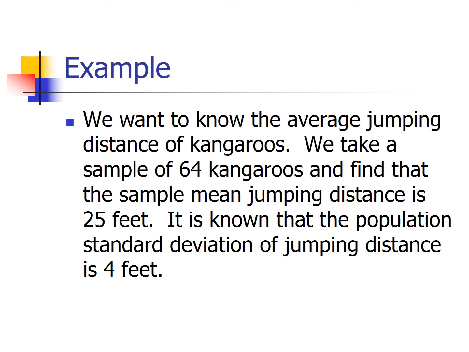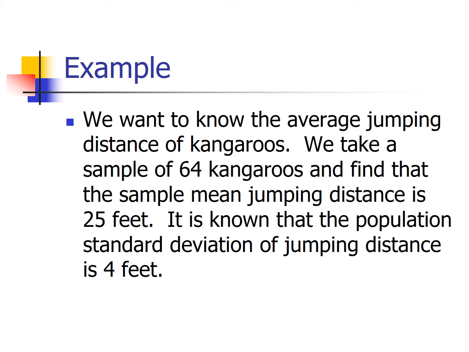So just a kind of quick, easy example. Say that we want to know the average jumping distance of kangaroos. I mean, who wouldn't want to know that? And of course, what would we have to do? If we really wanted to know it, we would have to take a sample, right? So we go on kangaroos.com. We order, let's say, as many kangaroos as we can afford. Turns out that 64 kangaroos are on sale.